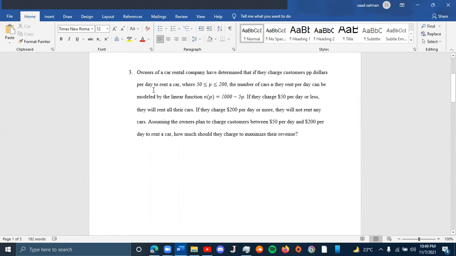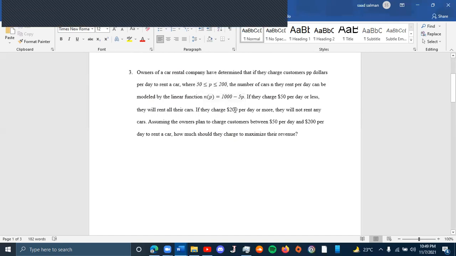Let's move on to question number 3. Owners of a car rental company have determined that if they charge customers P dollars per day to rent a car, where 50 is smaller than or equal to P, smaller than or equal to 200, the number of cars N they rent per day can be modeled by the linear function N of P equals 1000 minus 5P.